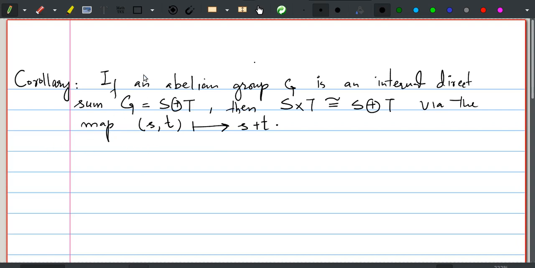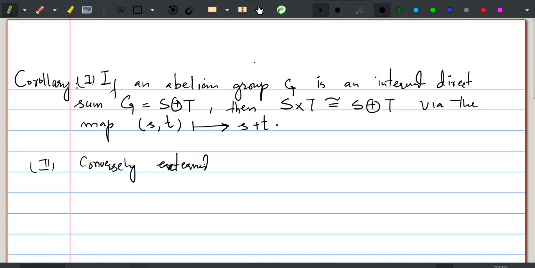And conversely, every external direct sum is an internal direct sum.